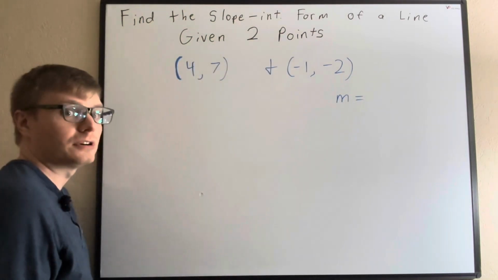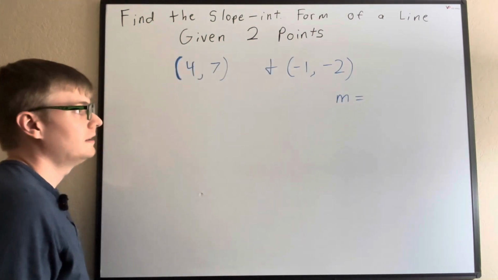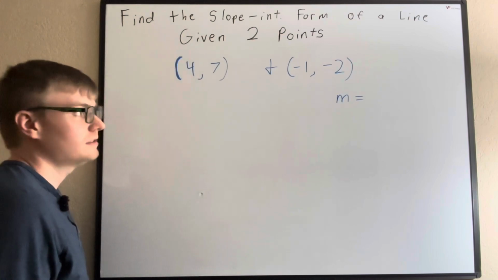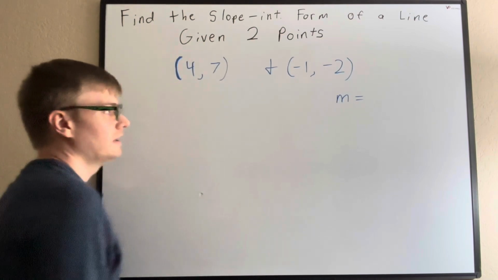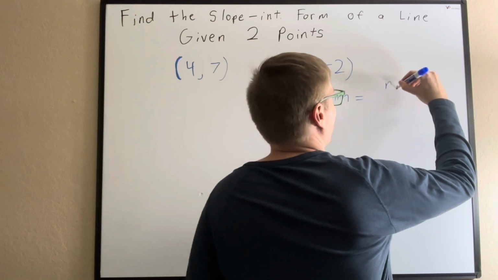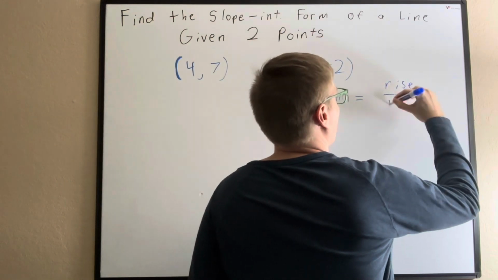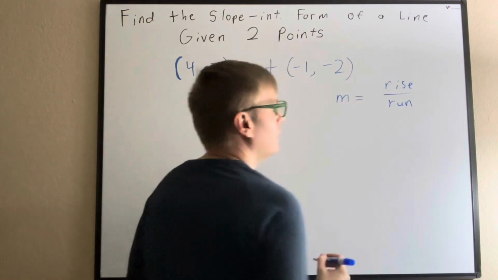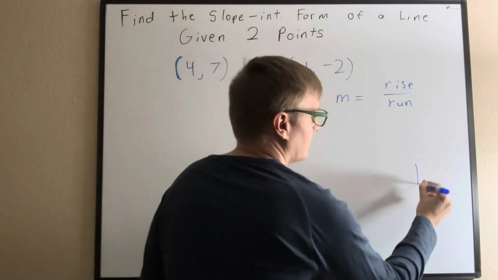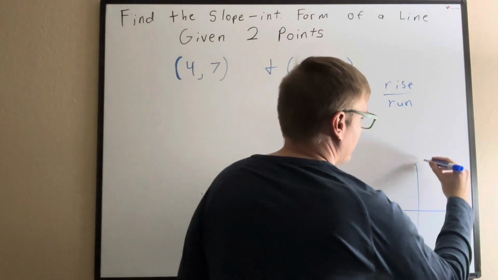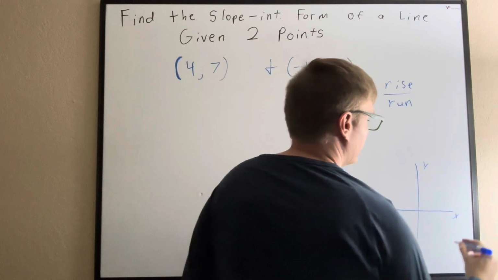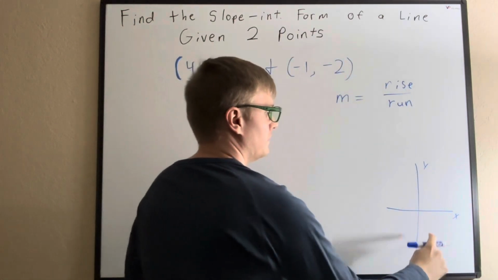Now, if you don't remember what the equation is for finding the slope, just remember that slope is rise over run, right? Well, we know we're talking about the Cartesian coordinate plane. The rise is the y-axis, right?